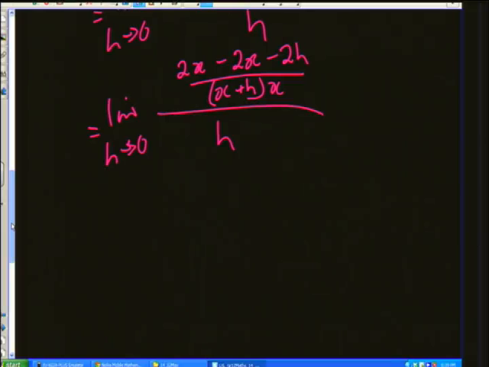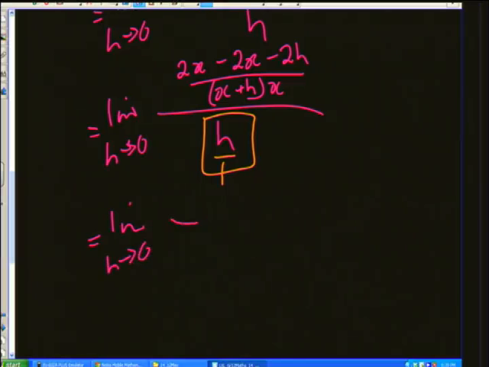So recognize that this part needs to be divided into this whole thing. If I've got a fraction, think about that as h over 1. I'm going to tip and times, and I'm going to therefore write this as the limit as h tends to 0. And on the top line, I've got 2x minus 2x. Notice that 2x minus 2x can cancel.